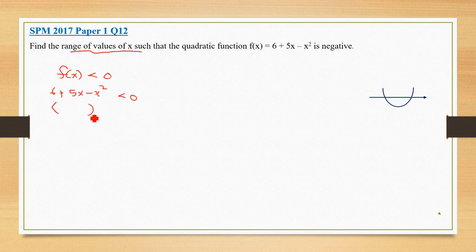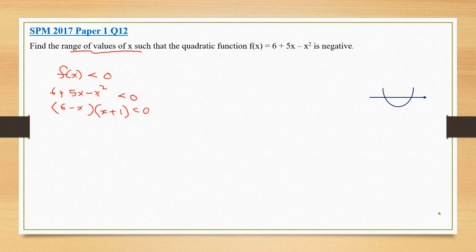If you can factorize this, which can be done easily, good. If you are not sure of factorizing, then you can use the quadratic formula. So what you have is (6 - x) and (x + 1).